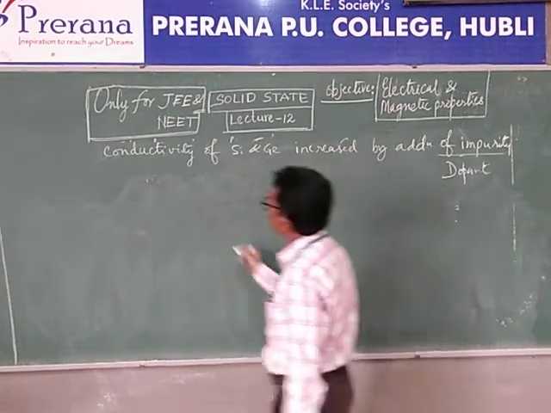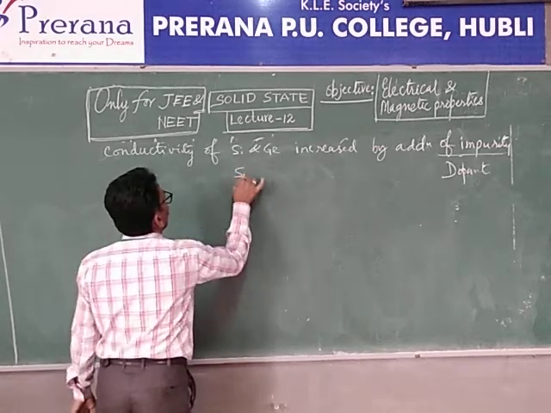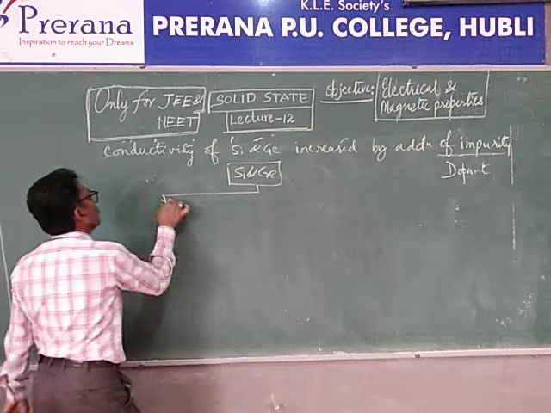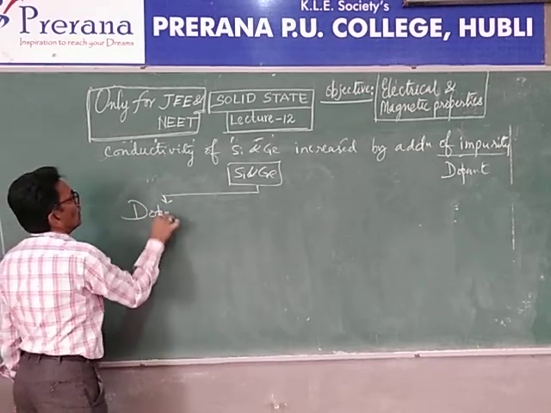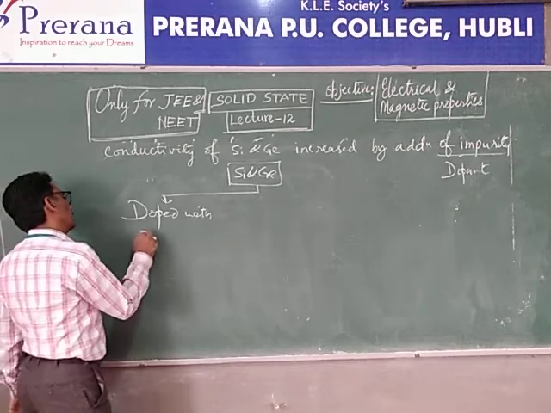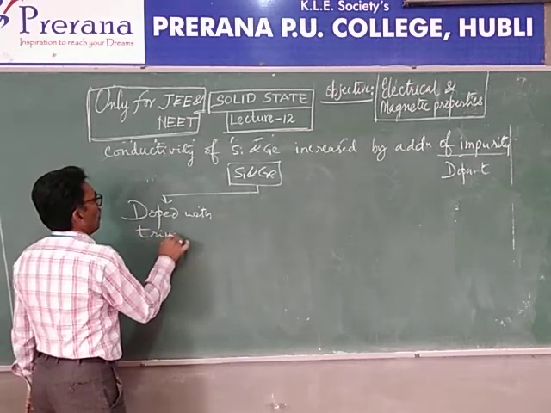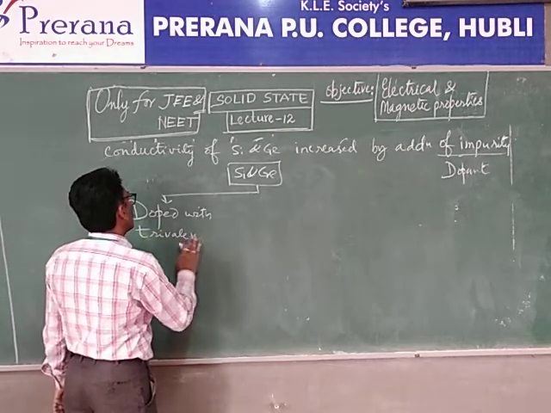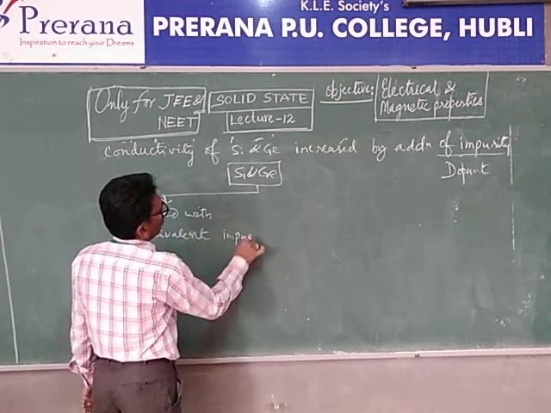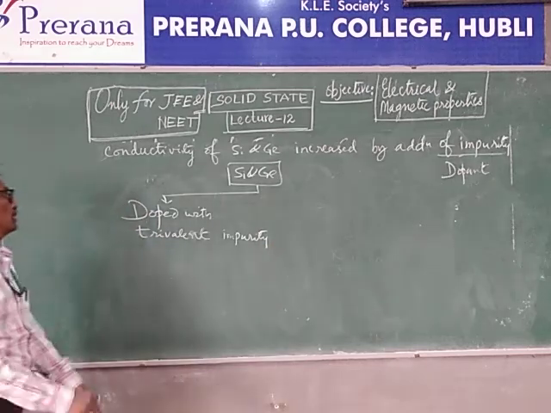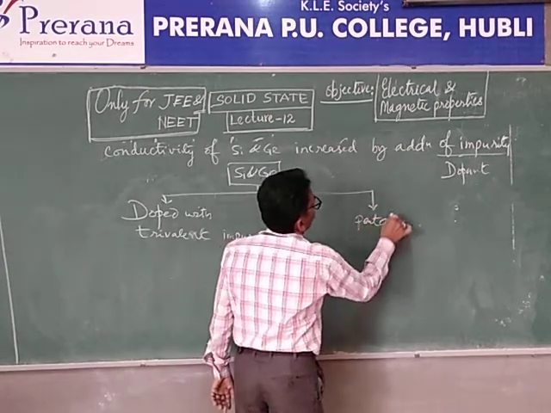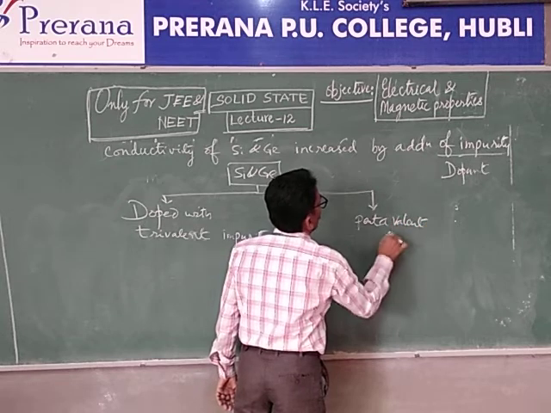Silicon and germanium are doped with a trivalent impurity, or trivalent dopant, or a pentavalent dopant.